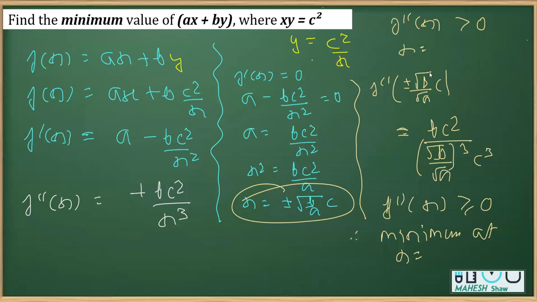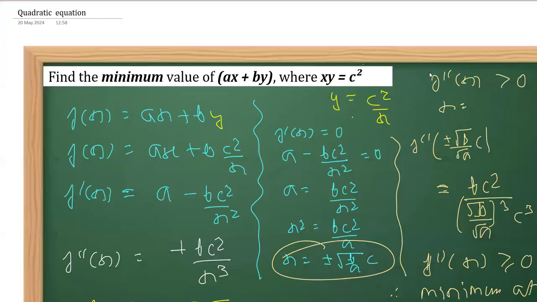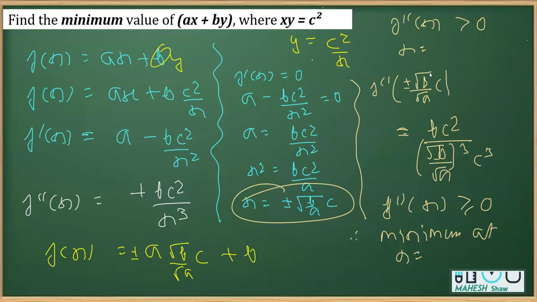Now, since we have to also find the minimum value, the minimum value in this case is going to be replacing x with this. This is plus minus under root b over under root a, c plus b times y, and y is c square by x.